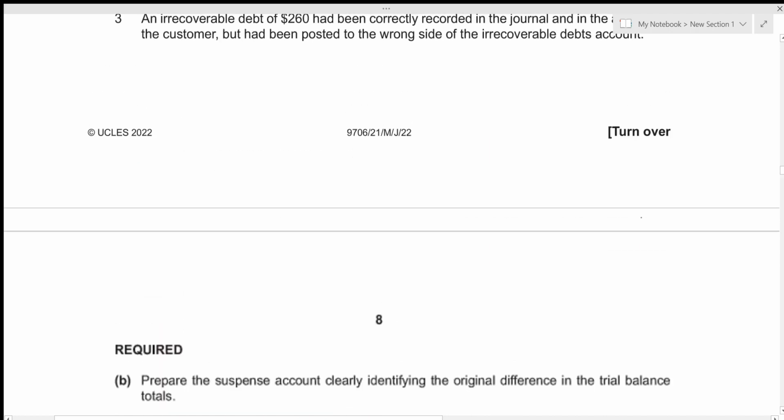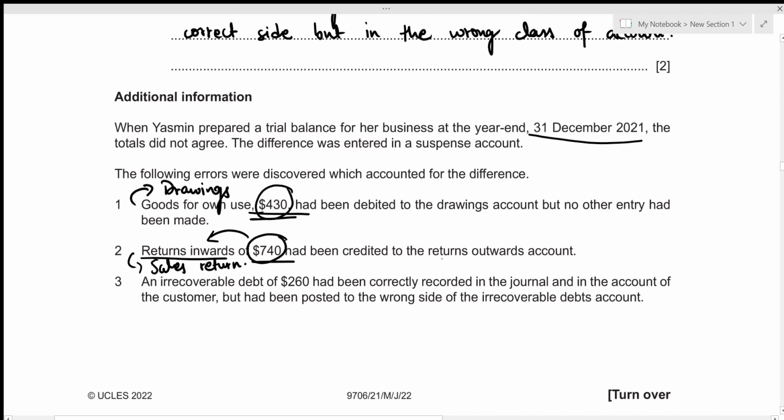Then we also need to reduce this 740 from the returns outwards account, because instead of including this amount in returns inwards, we had mistakenly included it in the returns outwards account. So we need to reduce 740 from returns outwards. Returns outwards is basically the purchases returns, and purchases returns is always recorded on the credit side in our trial balance.